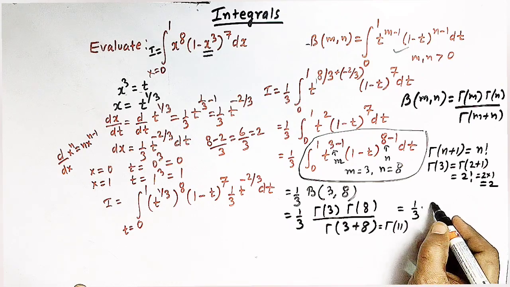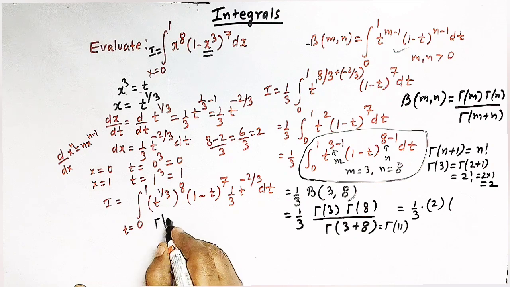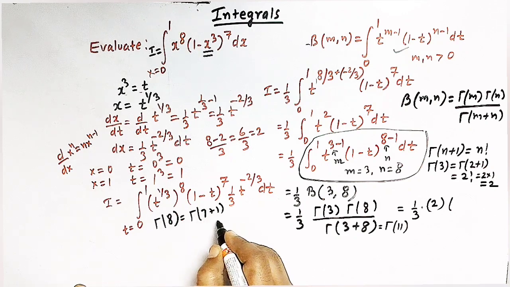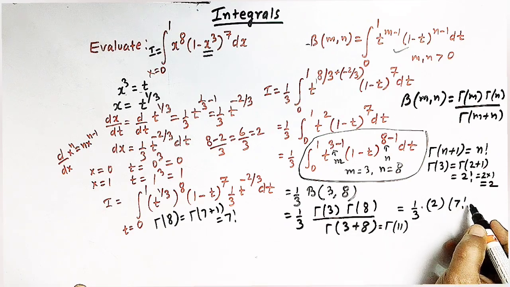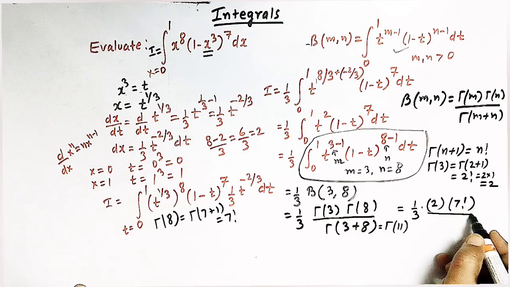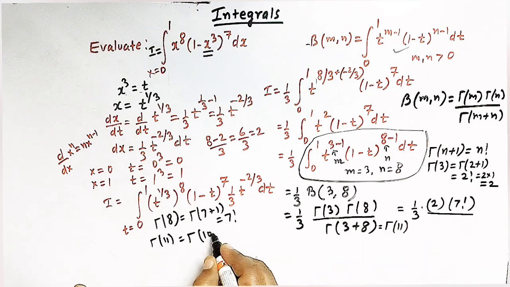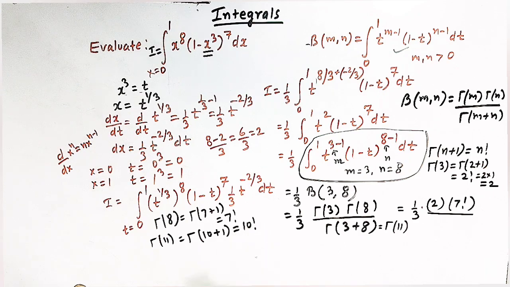So here we have 2, and then gamma 8 can be written as gamma 7 plus 1, that is equal to 7 factorial. So here we have 7 factorial, and then we have gamma 11. So gamma 11 can be written as gamma 10 plus 1, that is equal to 10 factorial. So here we have 10 factorial.